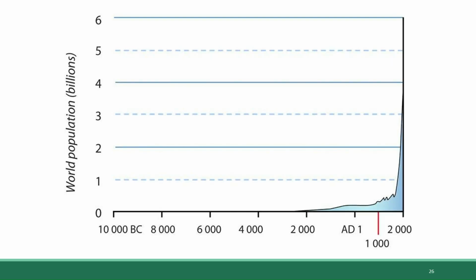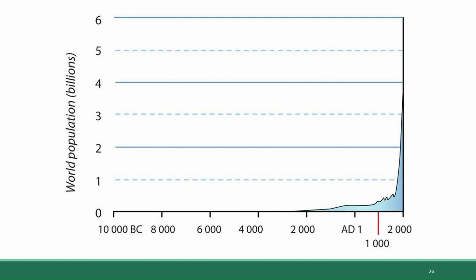This graph here, which extends from the start of the agricultural revolution in 10,000 BC up until about the year 2000, shows just how dramatic the recent population growth since the Industrial Revolution has been. The vertical axis here is measuring the world population in terms of billions of people, and for most of this period, even after the agricultural revolution had begun, the world population was so small that it doesn't even show up on this graph.